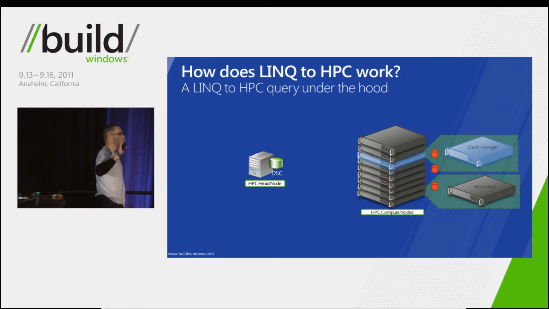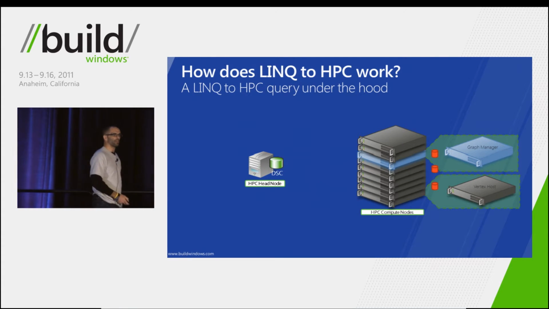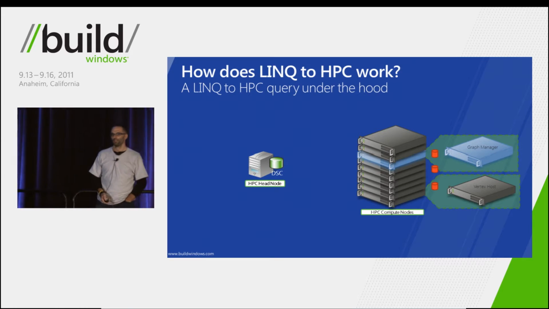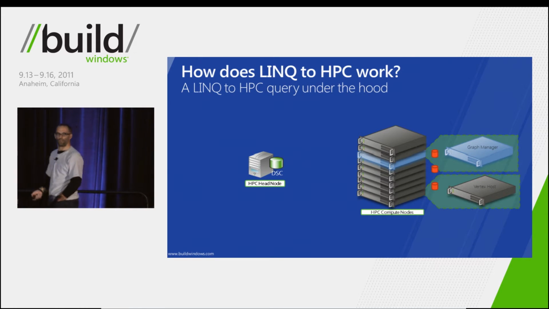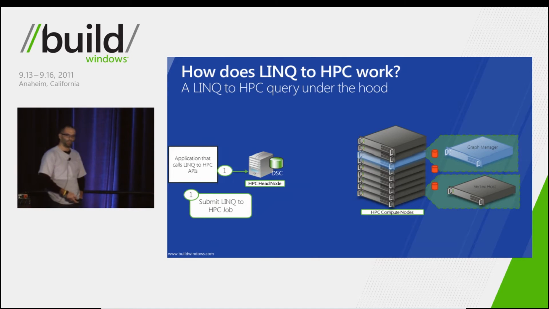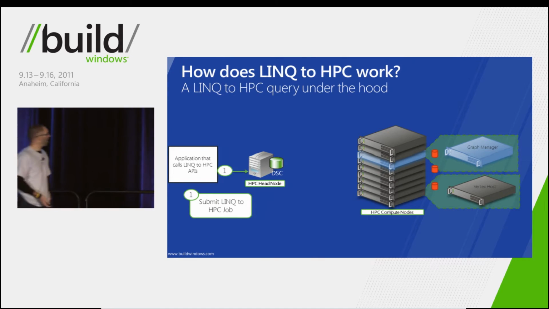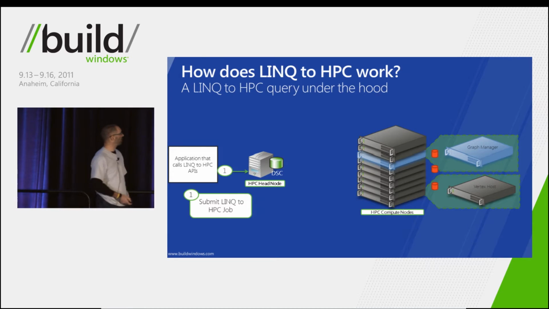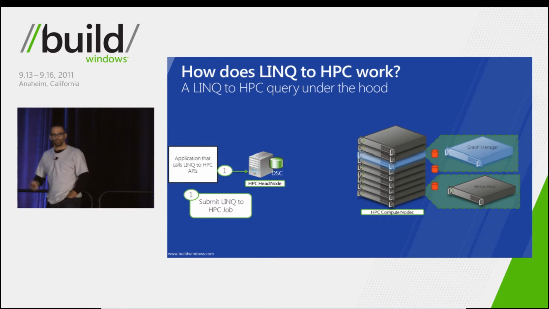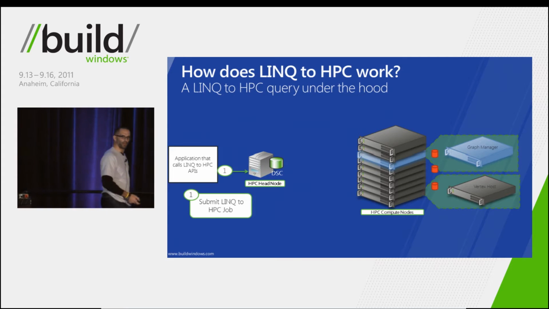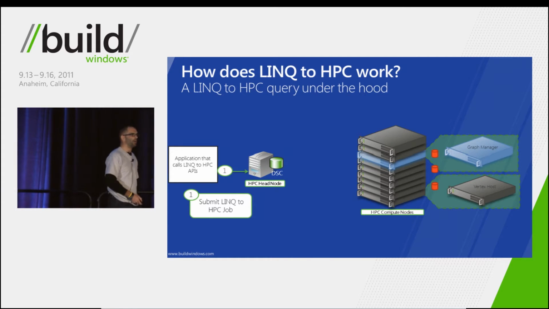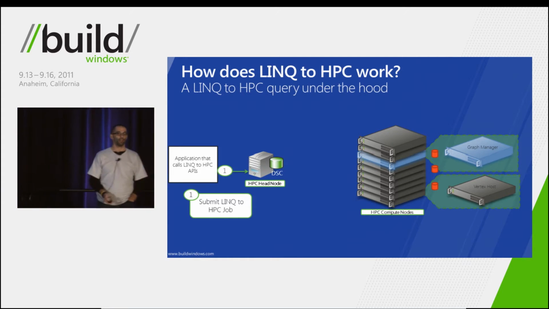So that was the theoretical computer science directed acyclic graph version. This is the much more nuts and bolts, how did it actually work on the ground version. So my application runs that LINQ to HPC query. That context that I passed in tells the LINQ to HPC provider on the client where to talk to the head node of my cluster.